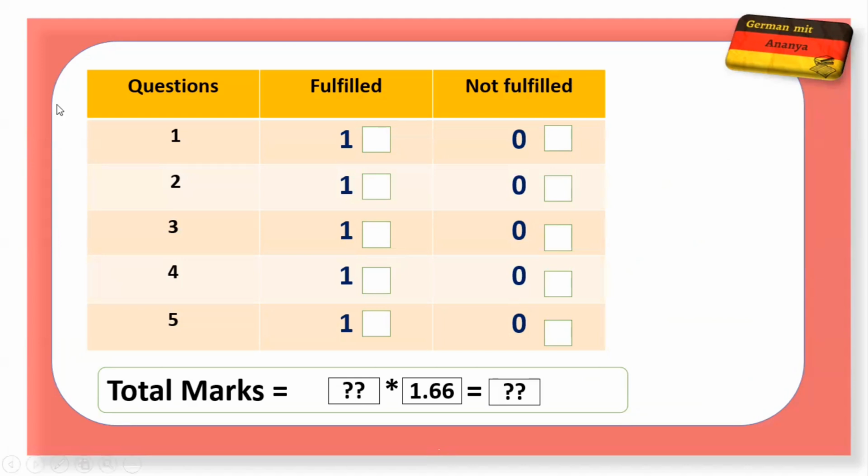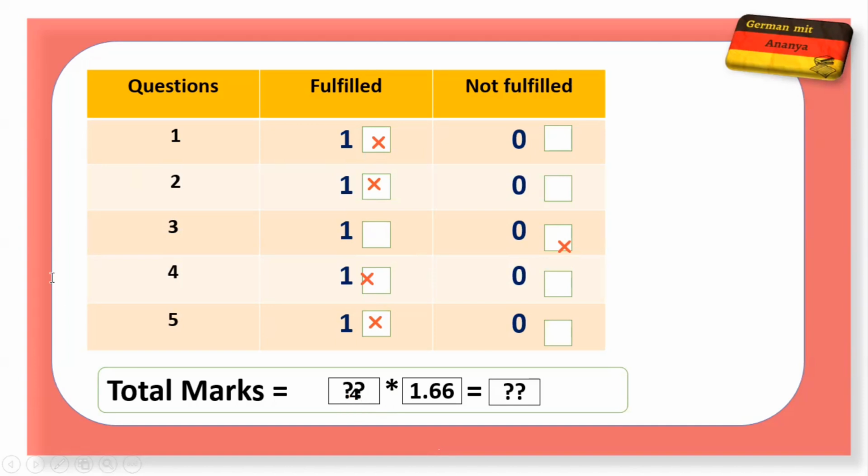For example, you got question number 1, you got question number 2, but not the third, fourth, fifth. For example, you fulfilled 4 answers. So what will be your total marks? Here you will mention 4, then you multiply 4 by 1.66, then mention your answer.